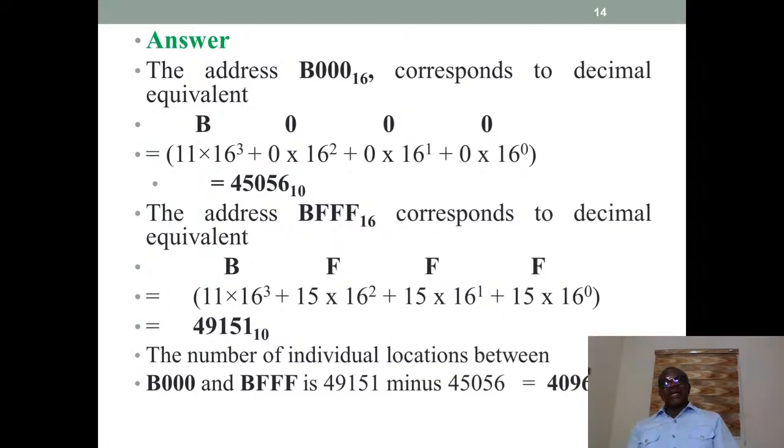See, the first address, which is B000 in base 16, corresponds to the decimal equivalent of, putting that number B000, the least significant digit, which is the right one, which is 0, is 0 times 16 raised to power 0, which is 0.